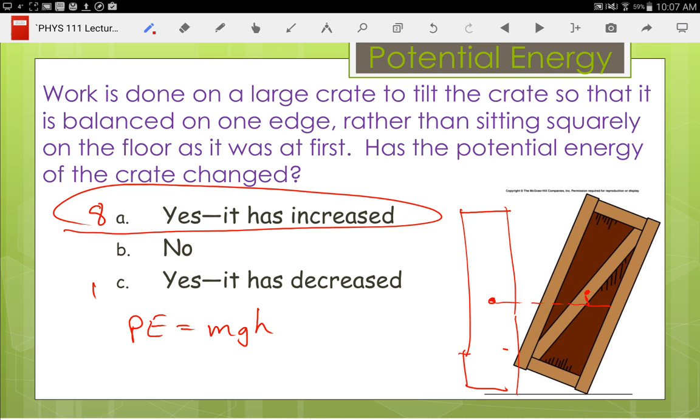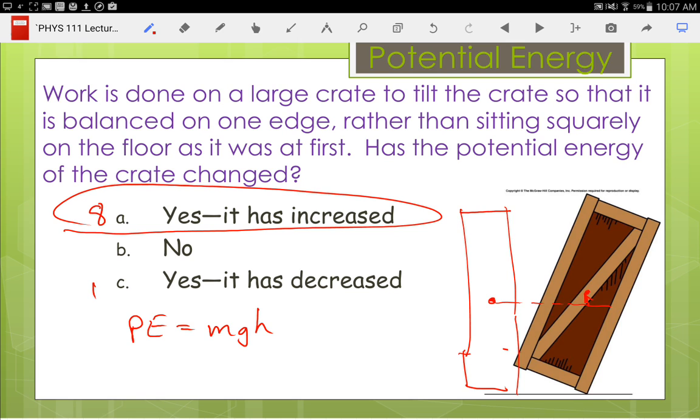And so it moved up that distance. And the center of mass is the place where we can treat all of the mass as acting. And for a uniform object, it'll be at the center geometrically. If the center of mass moves up, what happens to mgh? It goes up. And so the potential energy had to increase.